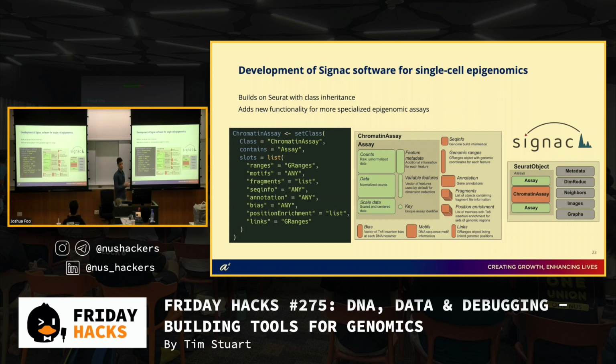And so for multimodal data where we have epigenomic measurements plus something else, we can very easily put these together in the same object. And then this helps us build some computational methods that use information from all these different assays. So if we have epigenomic measurements and RNA measurements, we can think about some computational methods that would use all that information. And it's easy to implement in the software because it's all in one object.